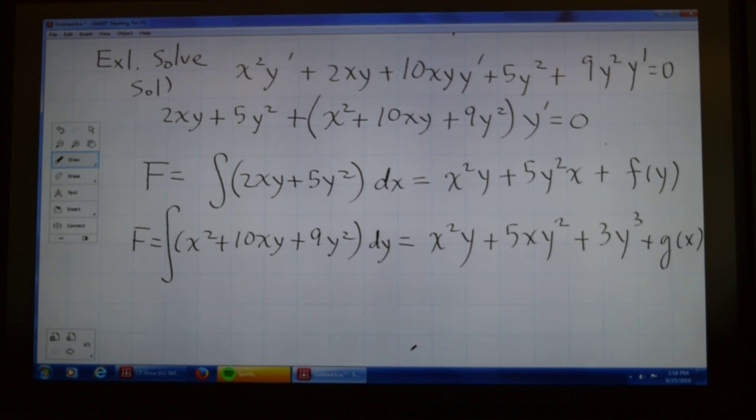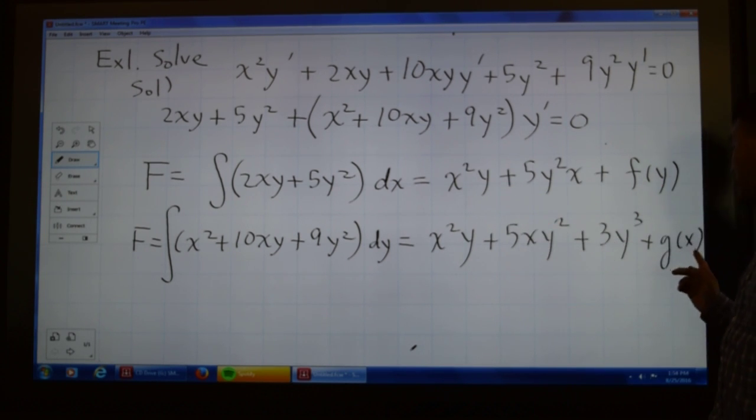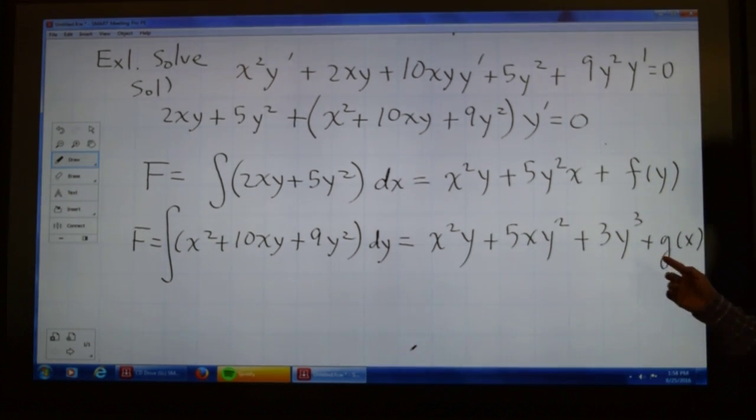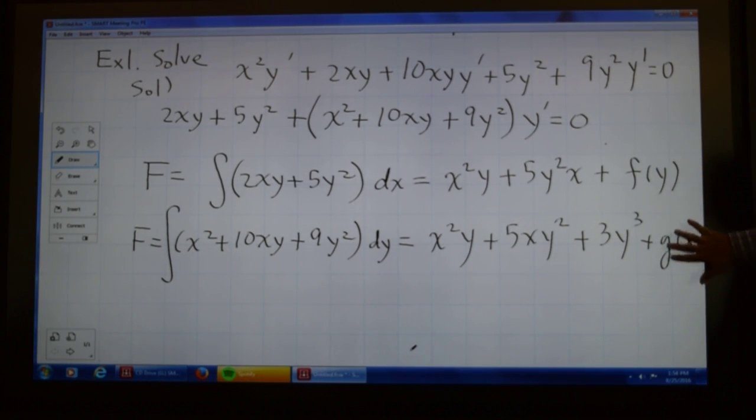And note that this is a description of the same function. I have a single function described this way, and another description this way, with these two unknown. I don't know what goes in here. The only thing I know is that this is some function of y, and this could be any function of x. What should this be if these two are to be the same? 3y cubed.